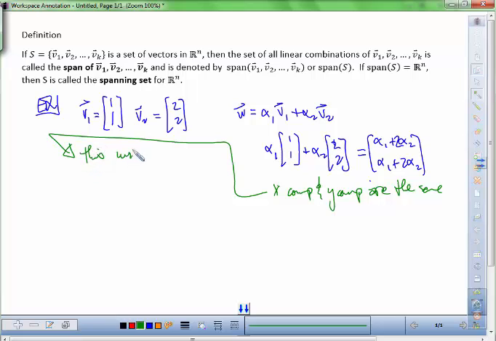This will span a space. I'll put space in quotes because it's really just a one-dimensional space, which is a line. A space where x equals y. Okay?